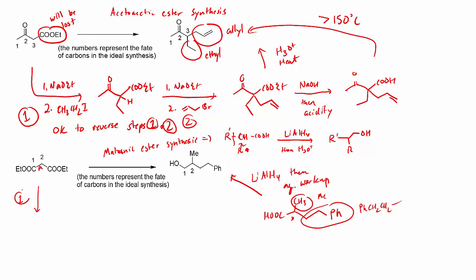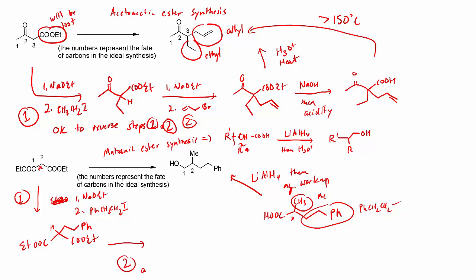Step 1, we'll add the less reactive group, 1. NaOEt. Okay, so do the alkylation. And that should give us this. In step 2, we'll add methyl.